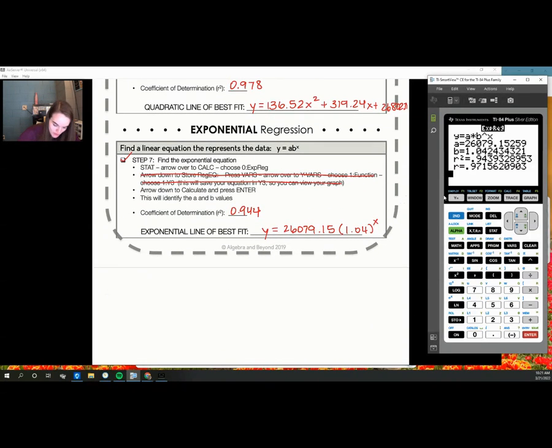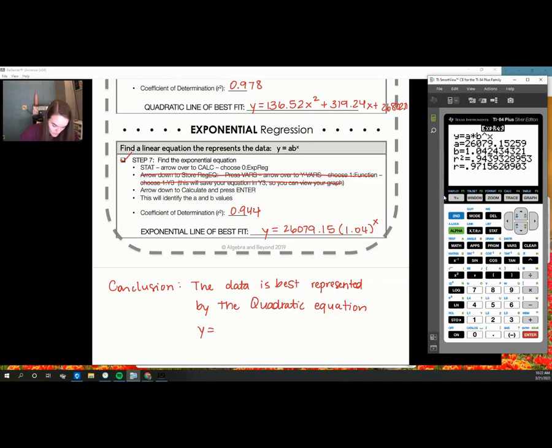All right, at the bottom of this, we're going to write our conclusion. The data that we are given is best represented by the quadratic equation.